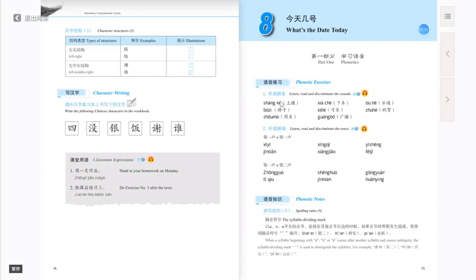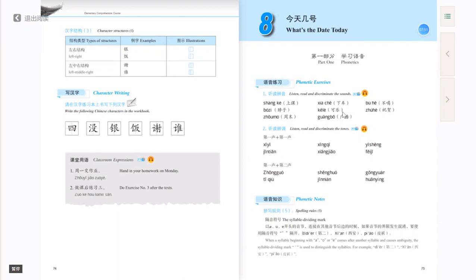Okay, let's read again. The first part, 听读变音. Please read after me. 上课。下车。不喝。脖子。可乐。祝贺。周末。广播.